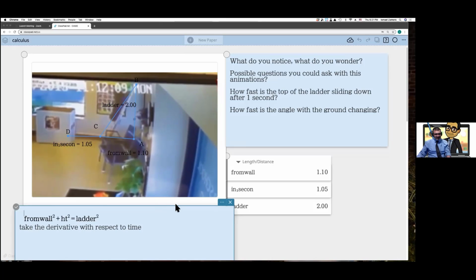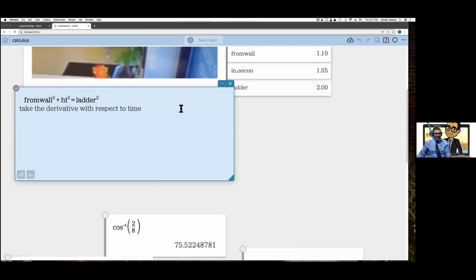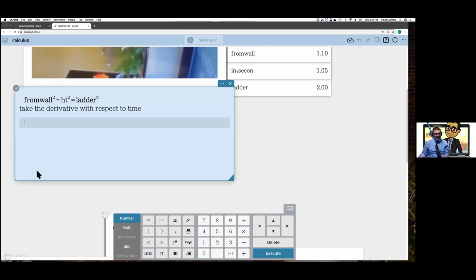So the derivative of this function, I'm using a text sticky. Now the text sticky, I'm allowed to write some equations in here. So I'm going to take the derivative in terms of the actual words. So if I take the derivative of from the wall squared, that's going to be 2 from wall times the derivative of from the wall.